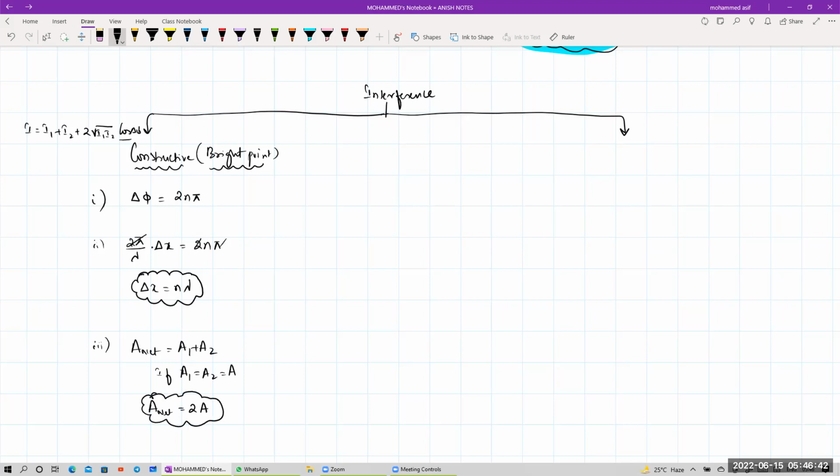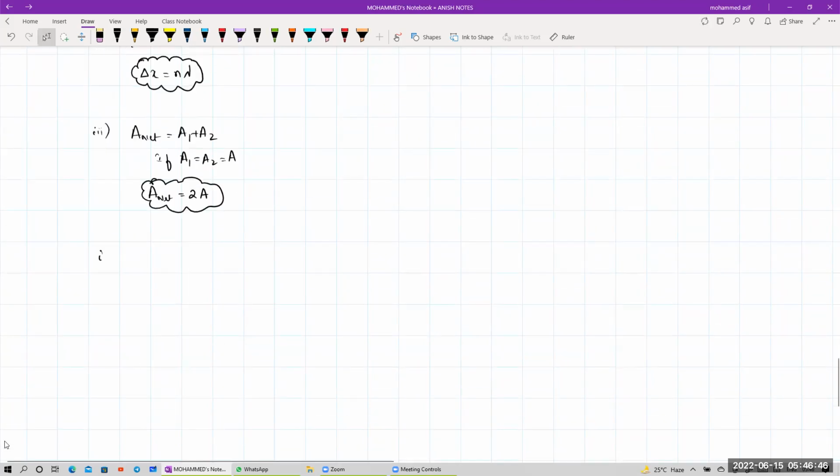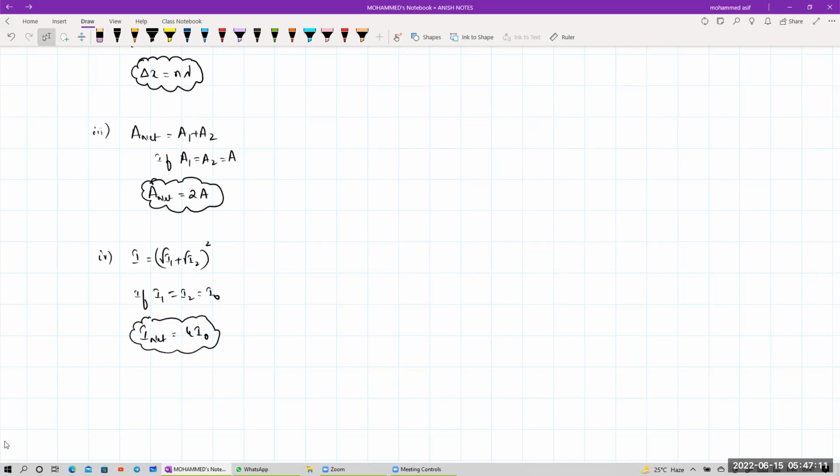Clear? Yes, sir. In the same way, intensity, beta. What will the intensity be? I equals root I1 plus root I2, whole square, because I am taking the cos value to be maximum. If I1 equals I2 equals I naught, then the net intensity will become 4 times I naught, which is the maximum.